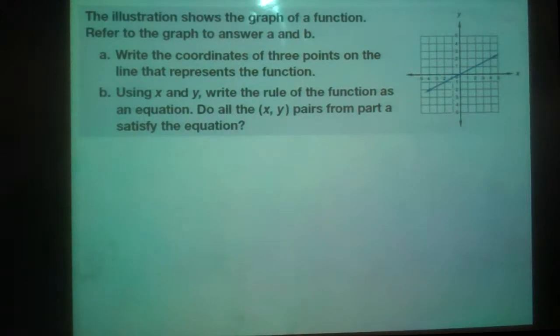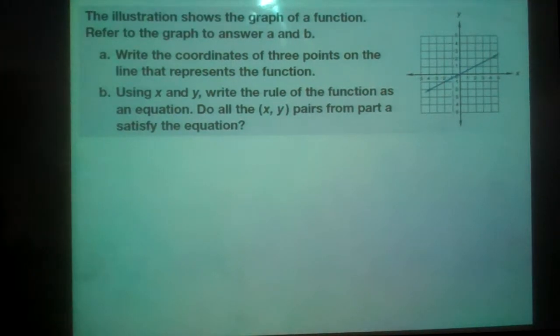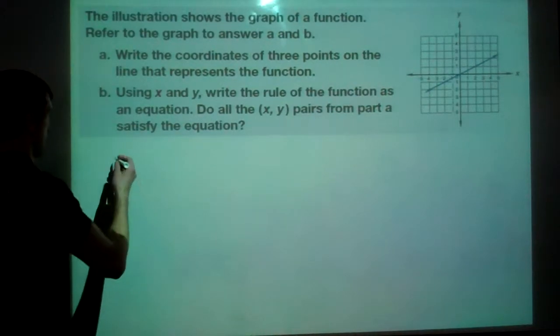Okay. The illustration shows the graph of a function. Refer to the graph to answer A and B. Alright. Let's see. Write the coordinates of 3 points on the line that represent the function. Okay. We're going to name off 3 coordinates.